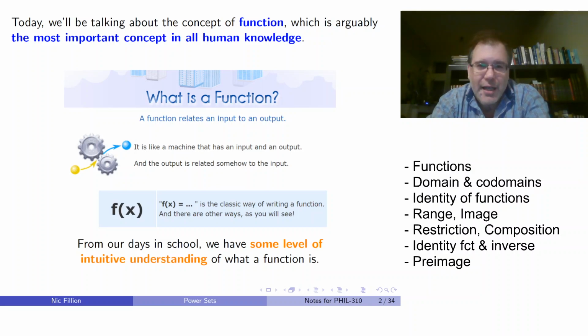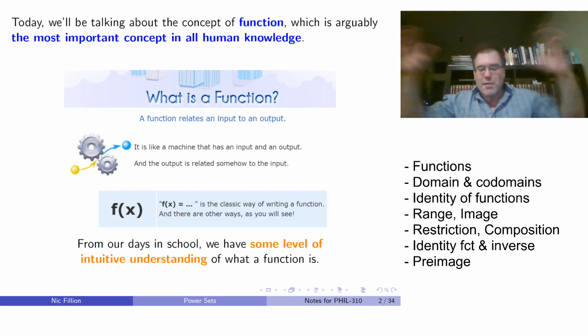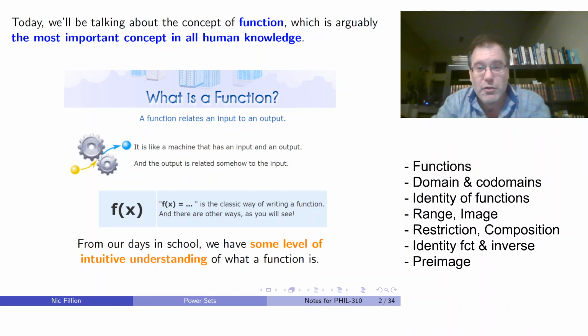And this understanding of what a function is that we have is for the most part intuitive, unless you've studied set theory before. And we think of functions more or less like a machine where you throw in something, some input, and then there's a sort of black box, and it gives you an output.